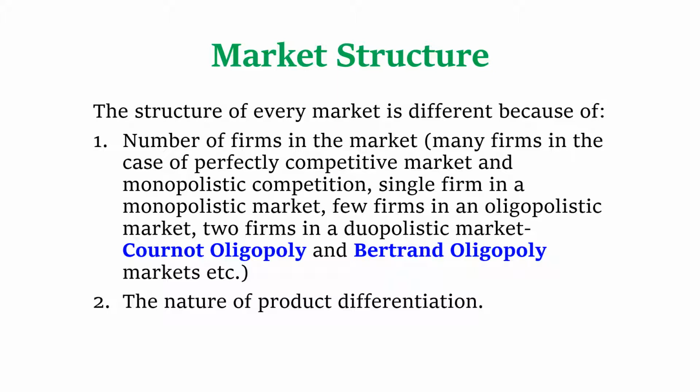Now, the structure of every market is different. It's not the same. Every market is different in terms of what? In terms of the number of firms in the market and the nature of the products that they produce. Some markets produce similar products.